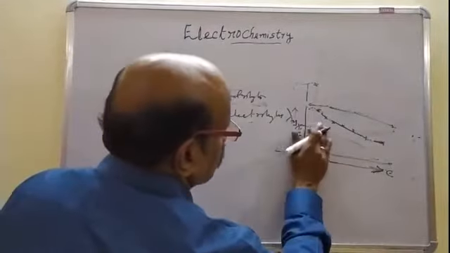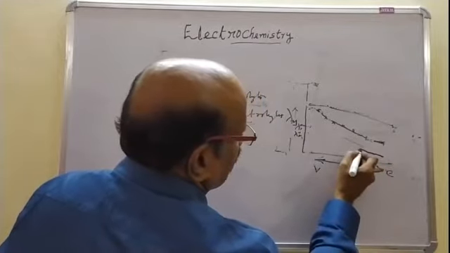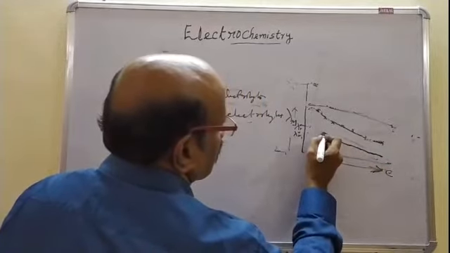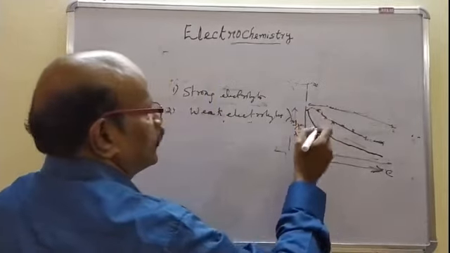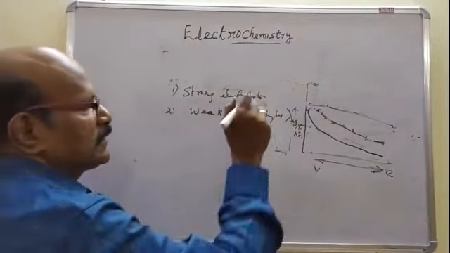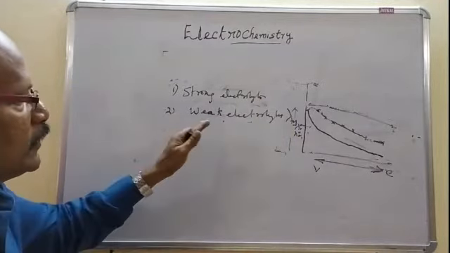This line. So as dilution increases, there is a rapid increase in their conductance, and we cannot say at what stage it reaches a maximum limiting value. Those electrolytes are called weak electrolytes.